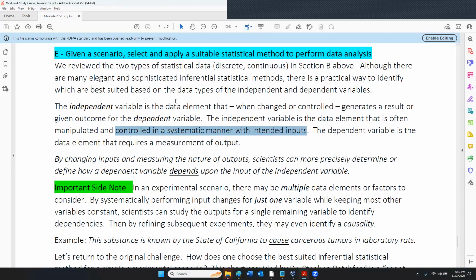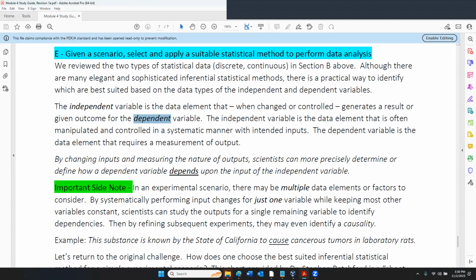So if you're changing inputs, remember that's independent. And then with regard to the experiment, if there are other quantities or data elements, other variables that are changing as a result, their value is said to depend on what's going on with the independent variable.